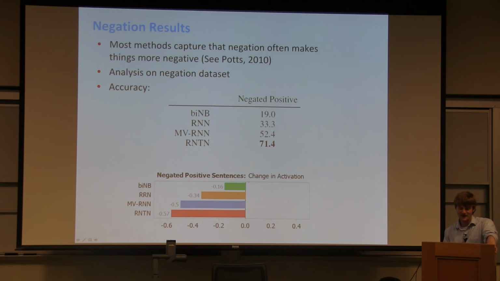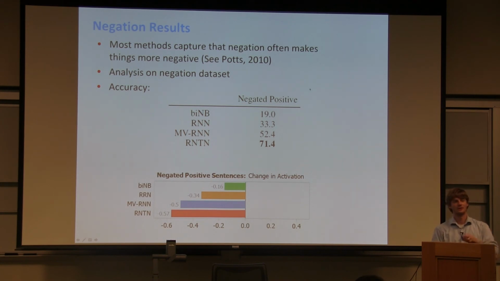And we looked at having all the positive sentences and how much of the probability mass was taken away right at the nodes where negation was added. And so we saw here that the RNTN was able to take out a lot more probability mass from the positive classes and put it towards the negative classes in these negated positive sentences.